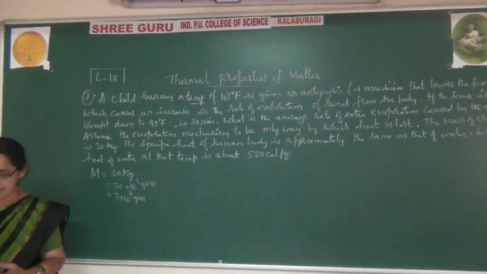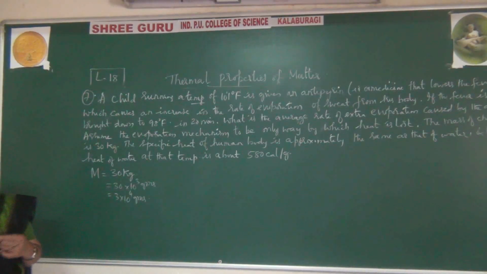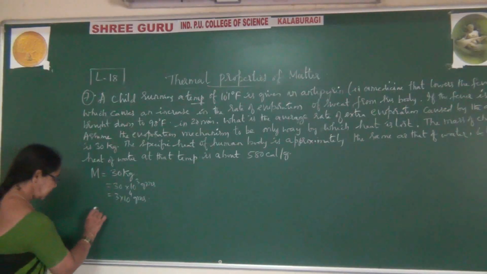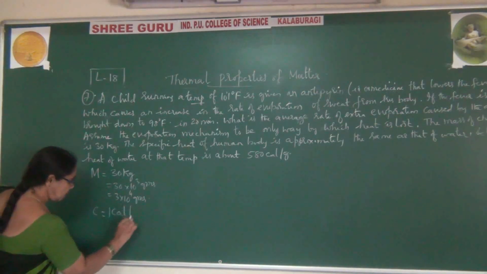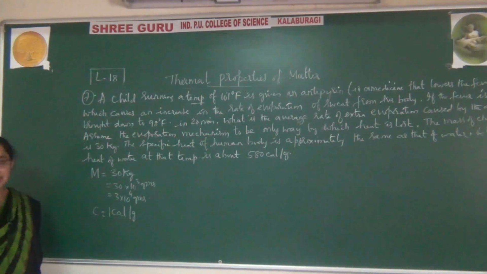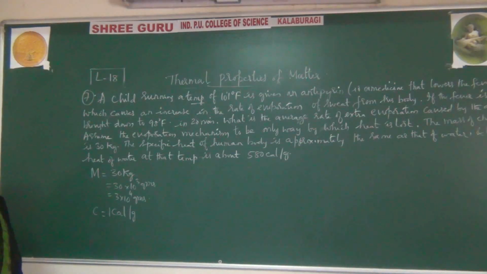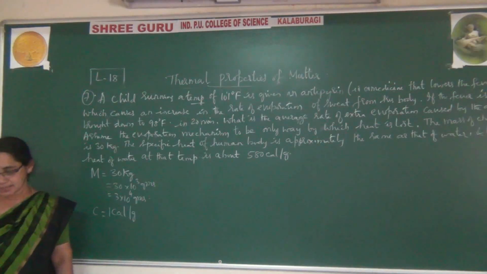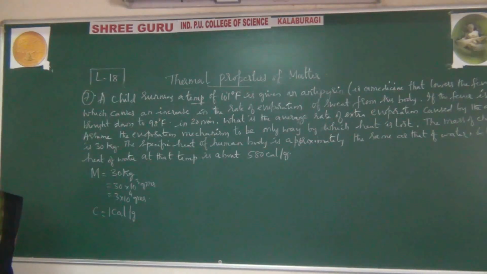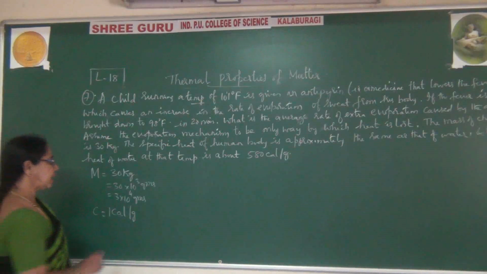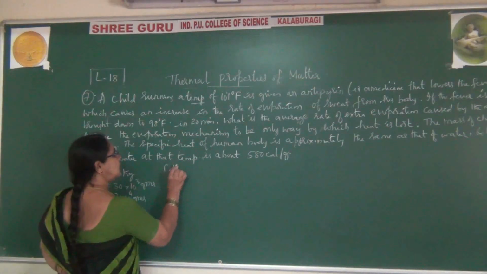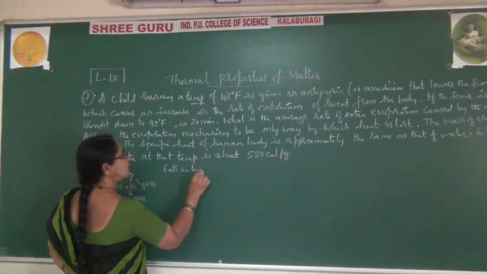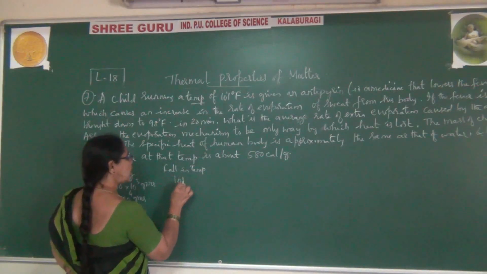What is the next step? They have given the calorie. That is C, which is 1 calorie per gram. This is the specific heat you have to write. Next, the temperature. What is the falling temperature? Earlier it was 101 degree.